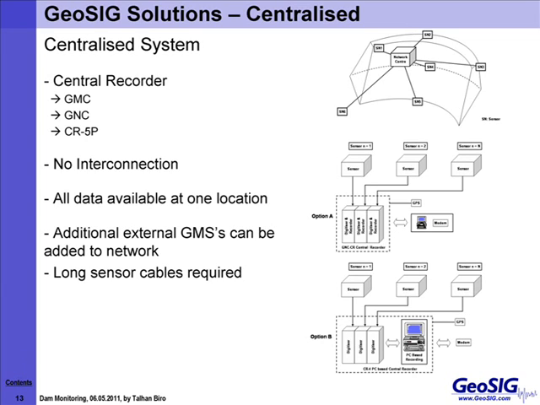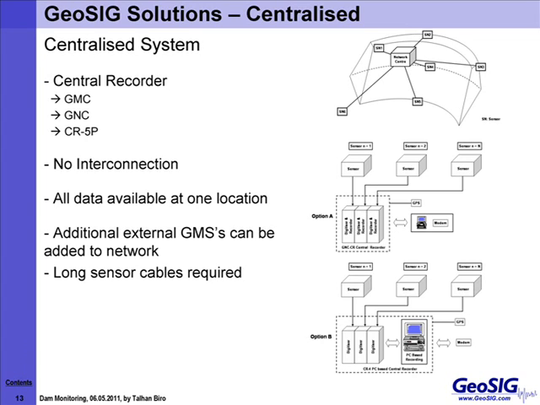GeoSIG has different types of instruments that can be used in dams, and one of them is a centralized approach. Basically, in a centralized system there is a central recorder, and the central recorder is receiving all the data from the sensors that are distributed along the or inside the dam. This kind of recorder does not need interconnection, meaning the connection or awareness at each position from the other one.